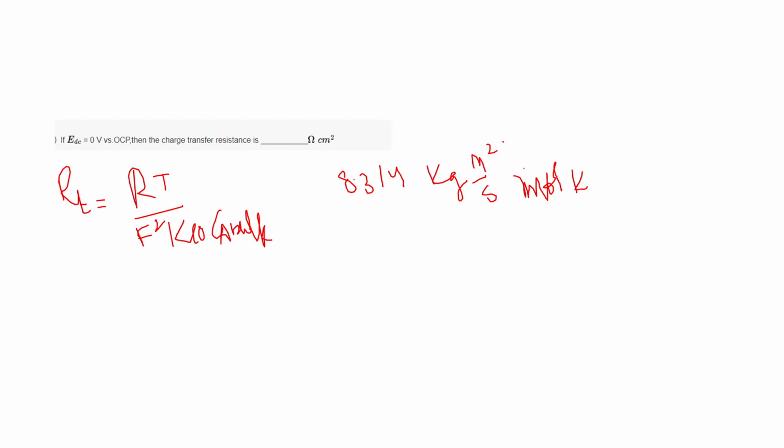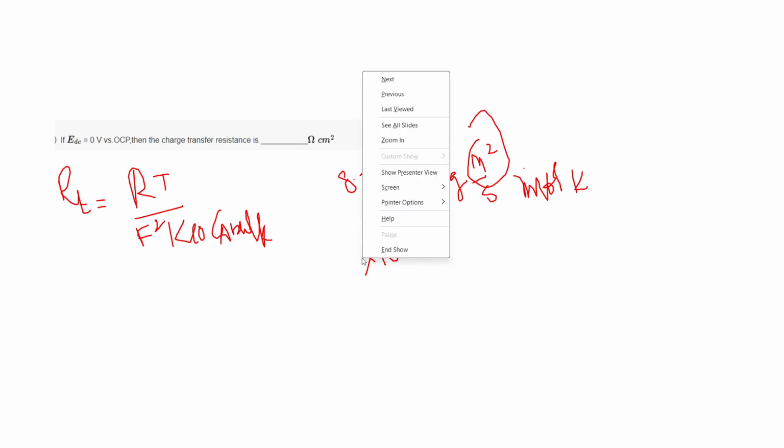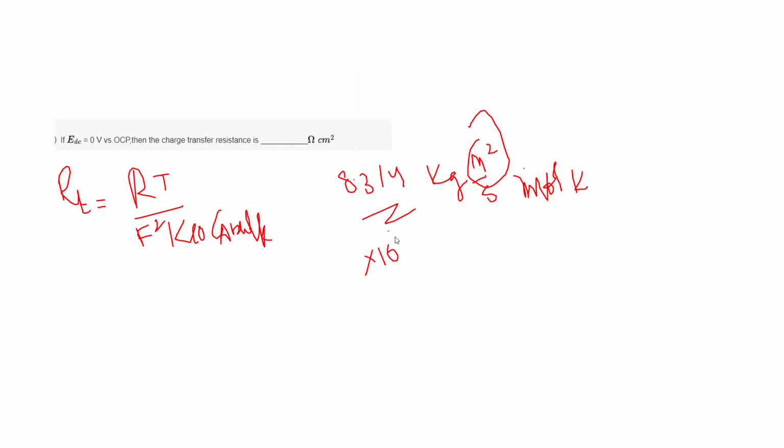All the units are in centimeter, so you have something in meter square. So what can be done? This R value can be multiplied by 10 to the power 4. So R value will be nothing but 8.314 into 10 to the power 4. That will be the R value.